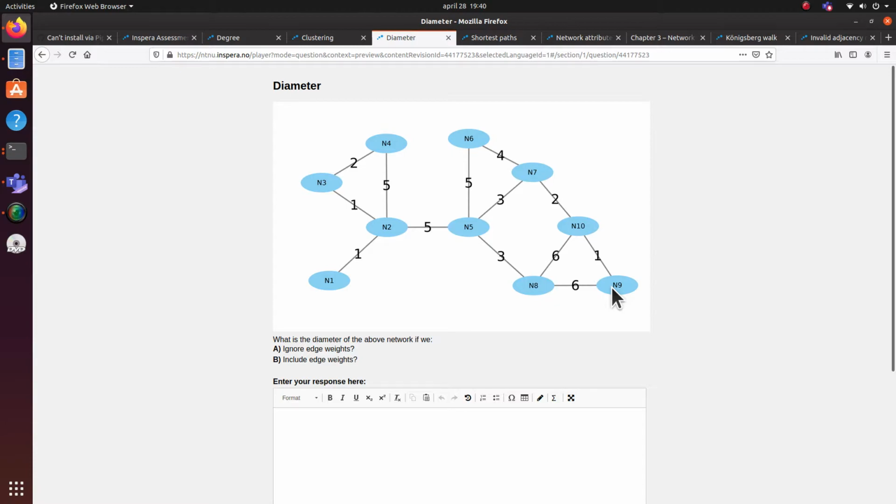It's not in terms of what is the longest path, because sometimes you can have very long paths. If you allow yourself to loop over where you've been, you can have infinitely long paths, but that's not the shortest path. We want to find the 2 nodes that are the furthest away from each other in terms of shortest paths, and then find out exactly what that distance is.